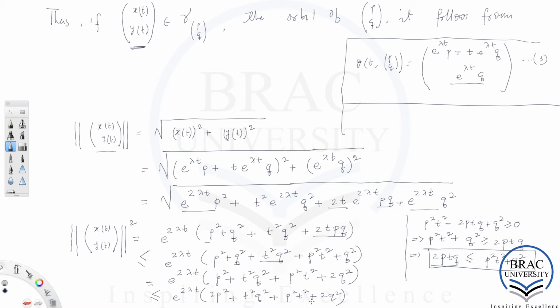Okay, so far so good, and this can be factorized: p squared times t squared plus 2, plus q squared times t squared plus 2.